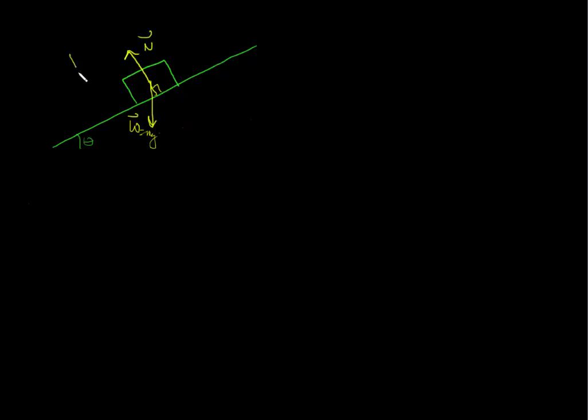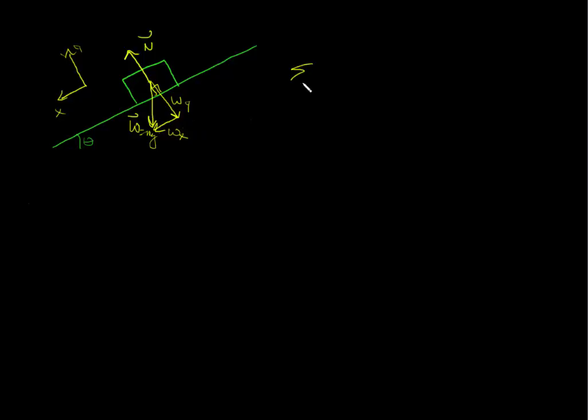And now we have to slant our axes. You know how we do that. So we can see that the normal is acting in the y direction in this case. Weight is at an angle, so we have to draw it in and get these components. So remember, this is weight in the x, this is weight in the y.